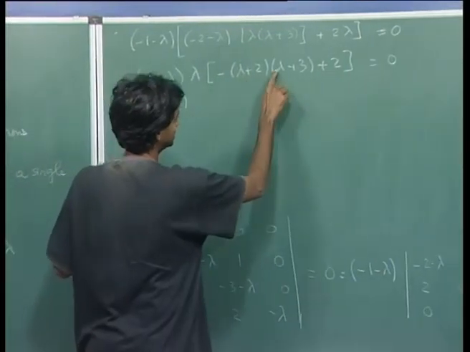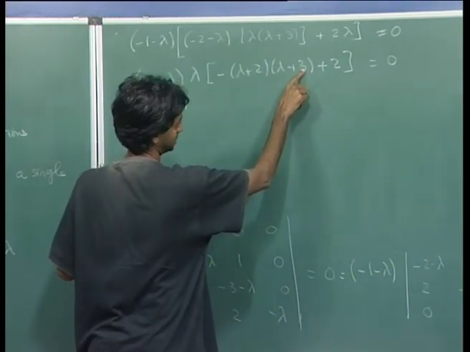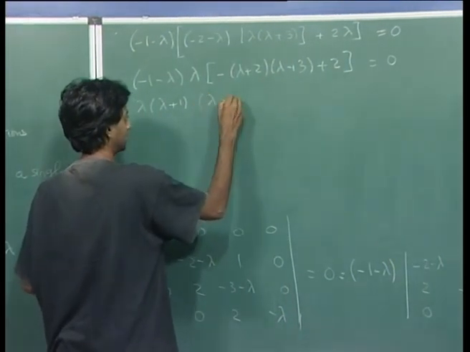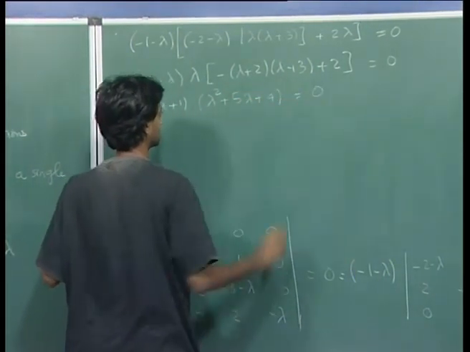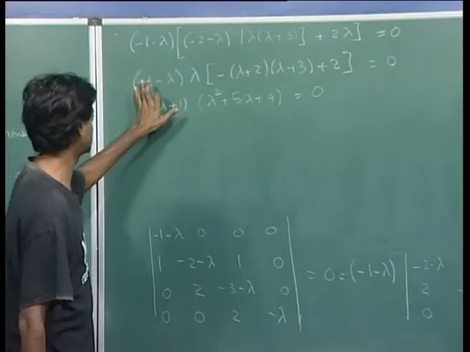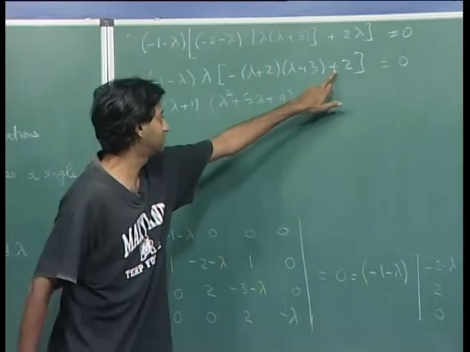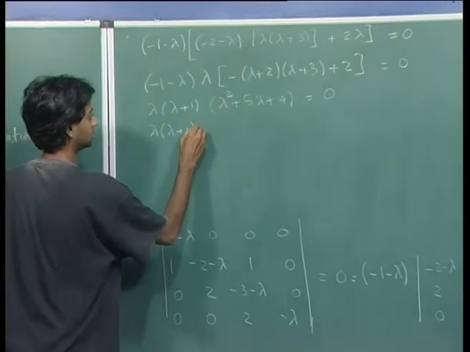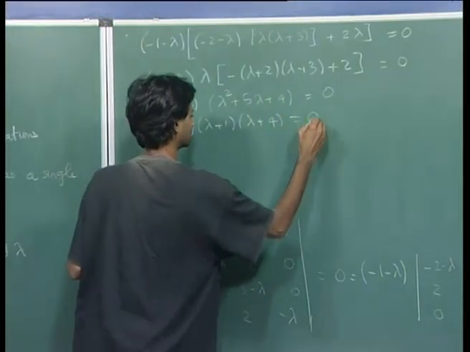And then what I have is lambda square plus 5 lambda plus 6, minus 2. So I have lambda square plus 5 lambda plus 6, and then I have a minus sign here, so that is plus 4. And if you work this out, you will get lambda plus 4 equal to 0.